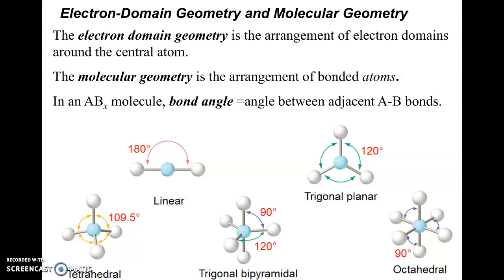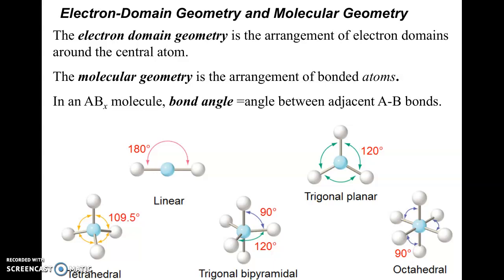In the trigonal planar, those B atoms are sitting at the corners of a triangle, so it's 120 degrees between those angles. Tetrahedral is kind of interesting because it's not a shape we're used to, and that's a 109.5 degree angle, like methane.